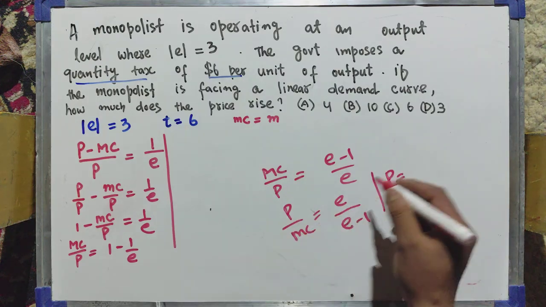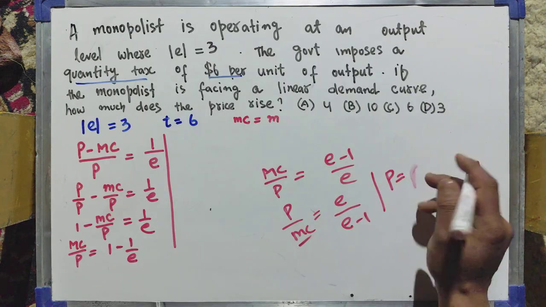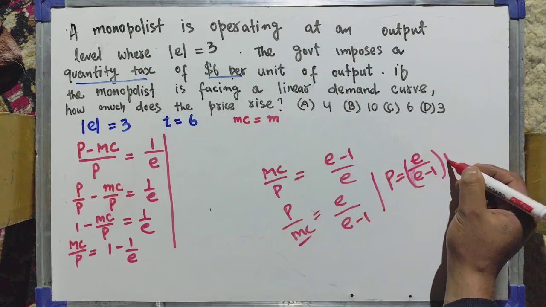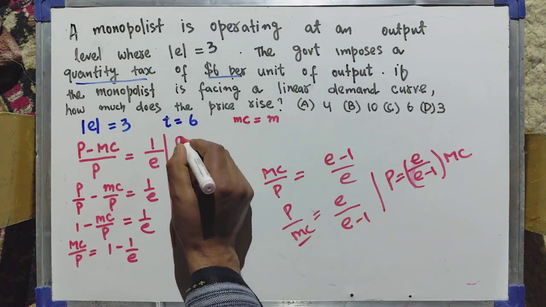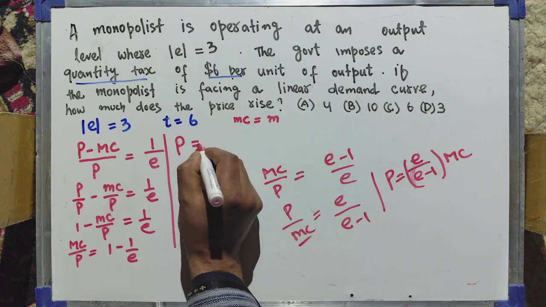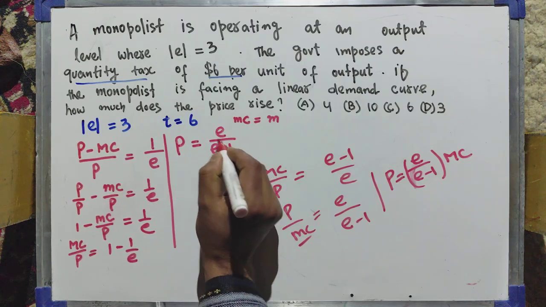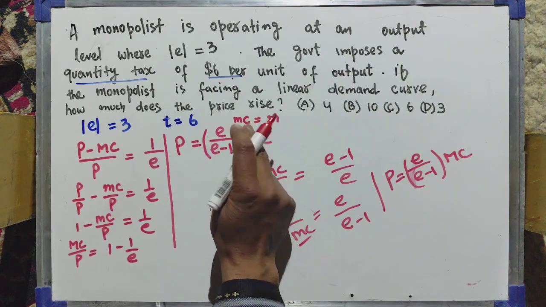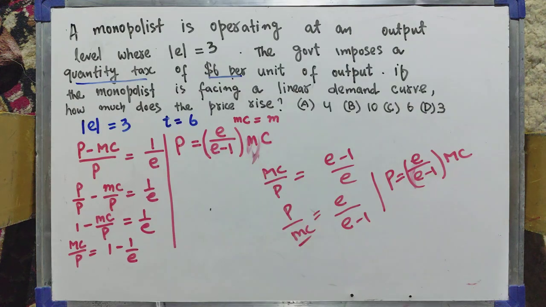P will be equal to, transposing it, it gets multiplied by marginal cost, so we get E divided by E minus 1 times MC. When I simplified it, I got P is equal to E divided by E minus 1 times MC, where E is capital E.